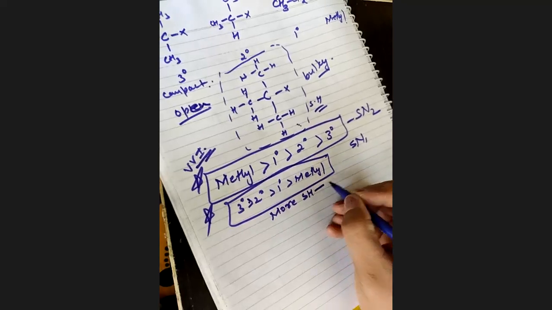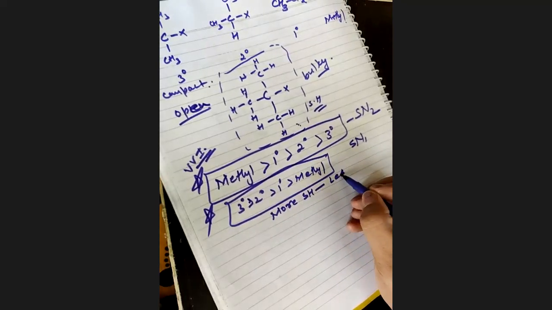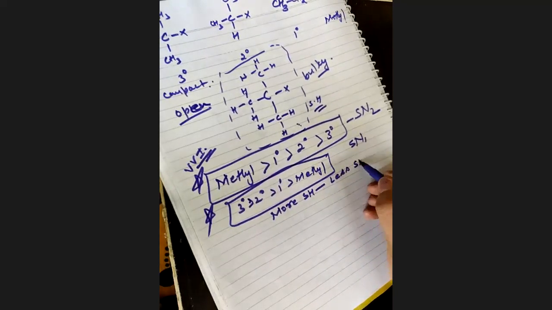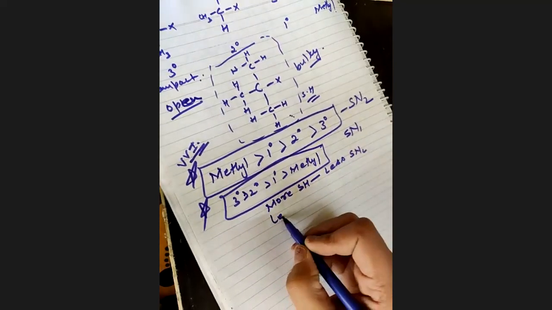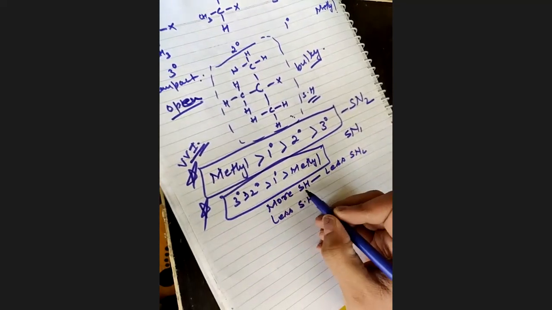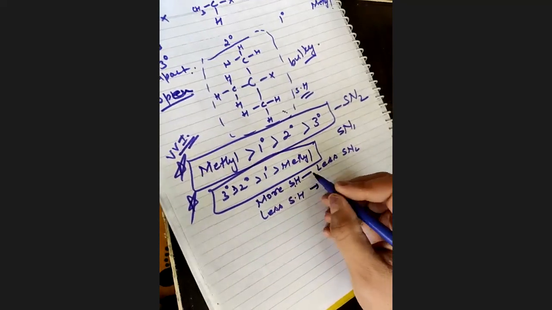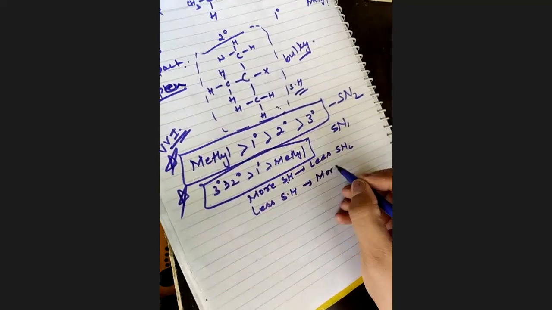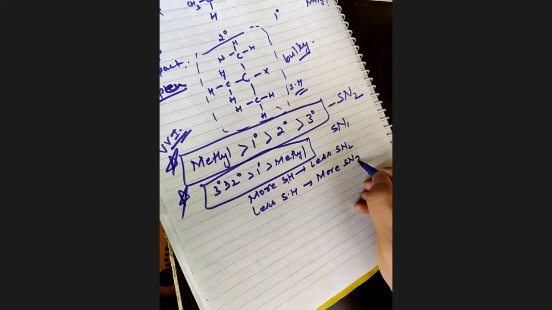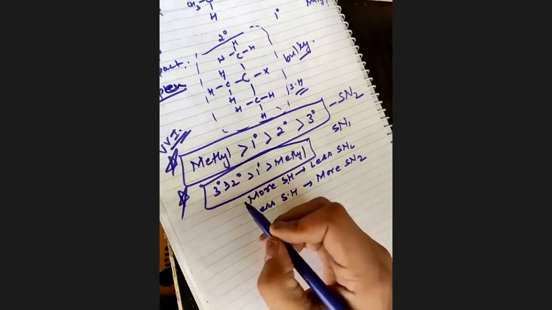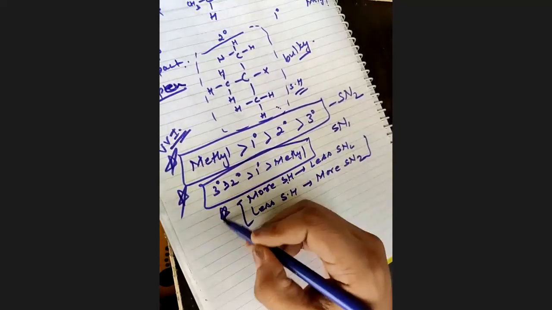More SH, less SN2. Less SH, more SN2. SH means steric hindrance. I'm just writing in short form. Clear? Note this down. Very, very important.